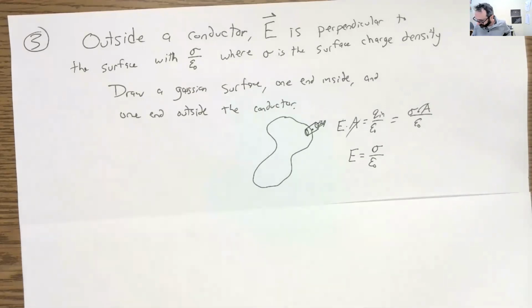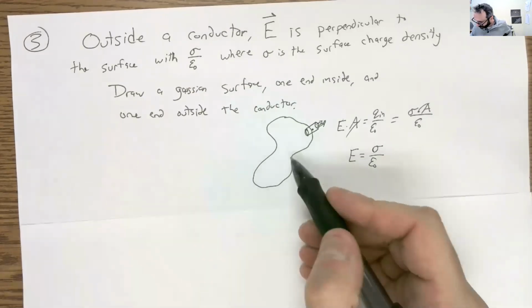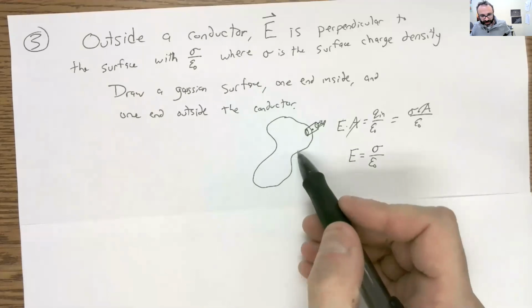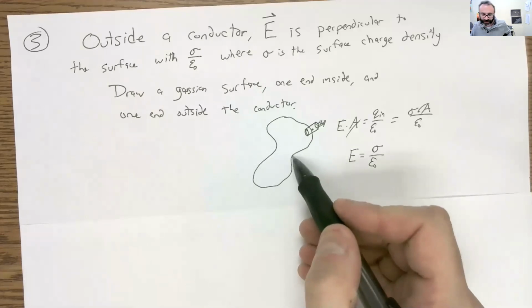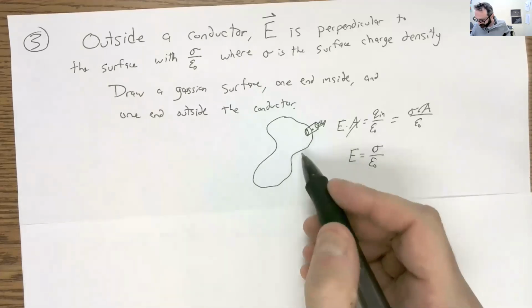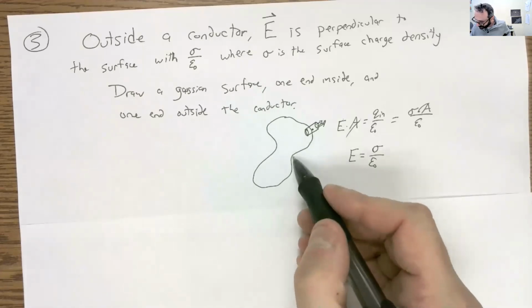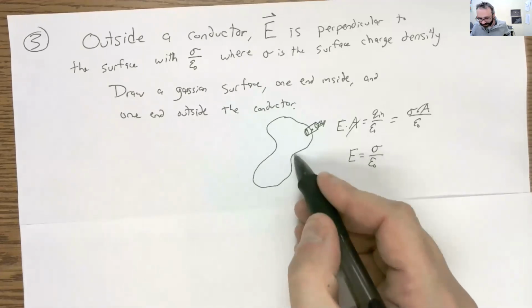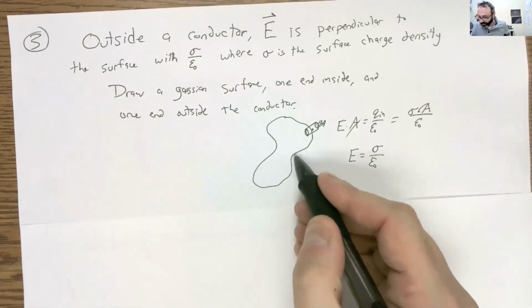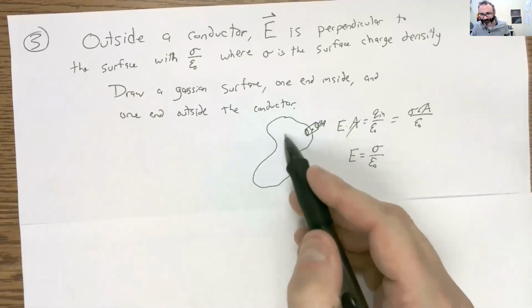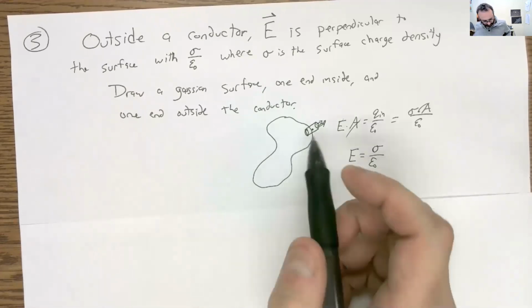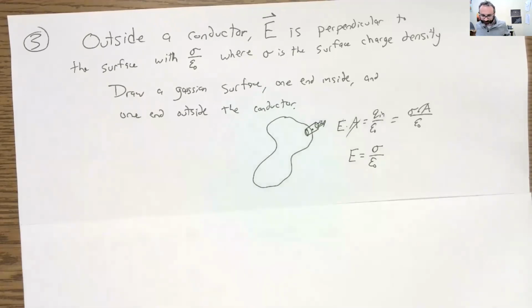What we're going to see is that the more curvature you have, like at this point here, and we'll get to why that is in another lecture, you're going to have more charge built up on these highly curved parts than you will on a flatter part. That's a good question, but no, this doesn't need to be uniform.